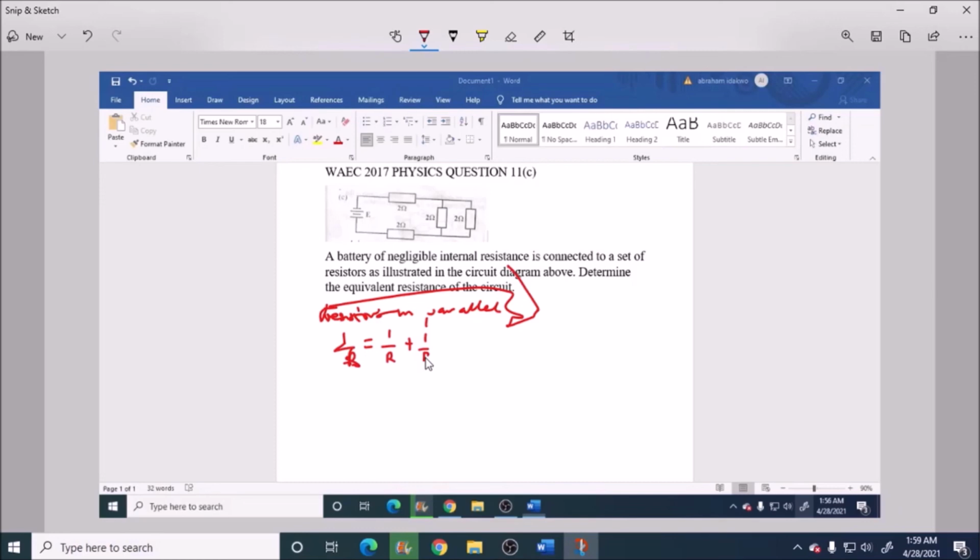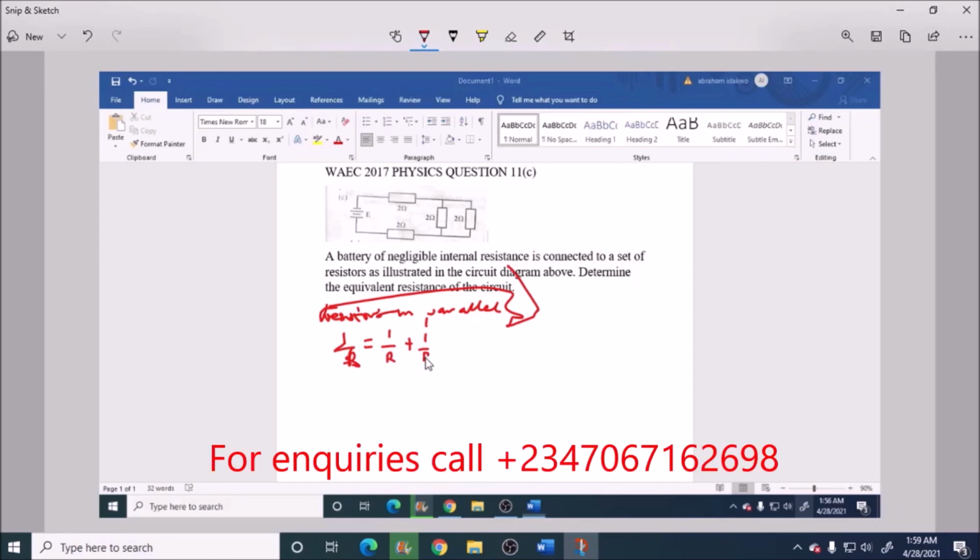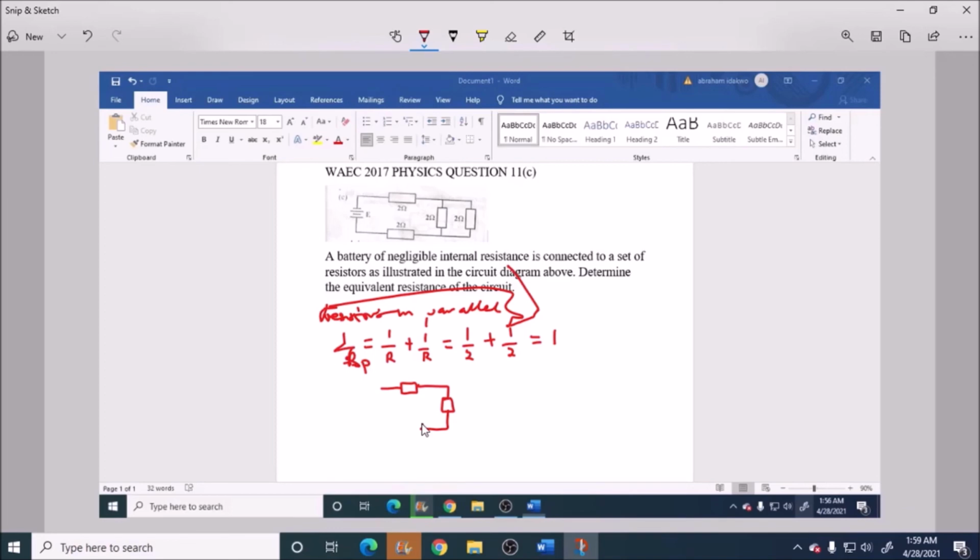Then the two other resistors are now in series with the other one. So here we have 2 ohms, here we have 1 ohm, then here we have 2 ohms.